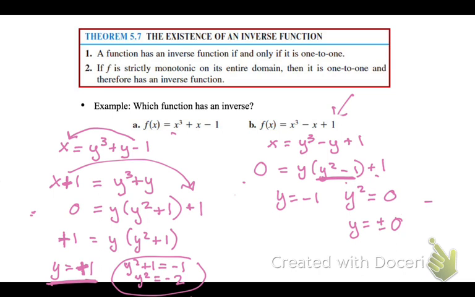Just one number, isn't it? Now, if it was y equals plus or minus 2, how many numbers would that be? 2. So would that pass the horizontal line test? No. But is this only actually one number?